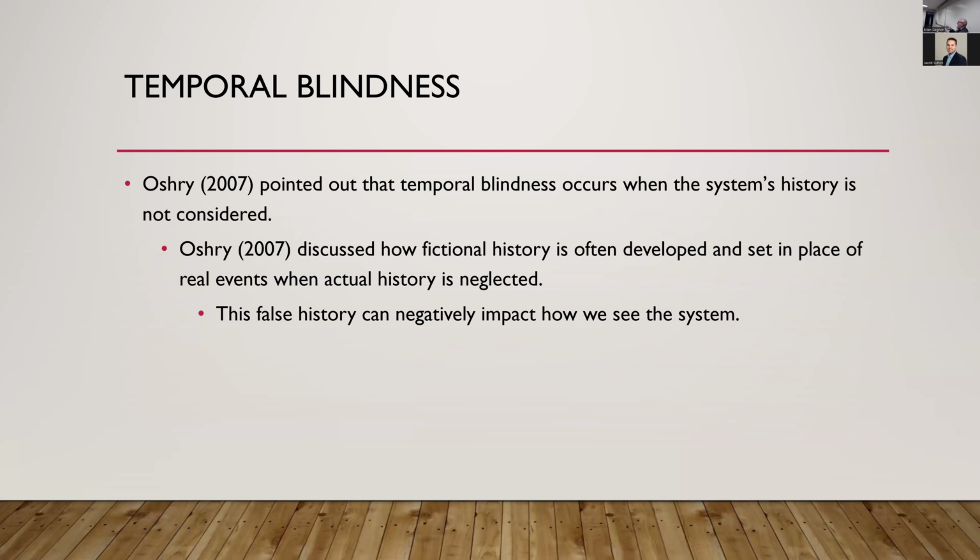So if we don't have access to the real history for that system, we as people want to make sense of things. So we engage in sense making. We create stories that make sense to us, but they may not be true, which means now we're operating with a falsehood when we're looking at the system. And that creates difficulty interconnecting within that system.